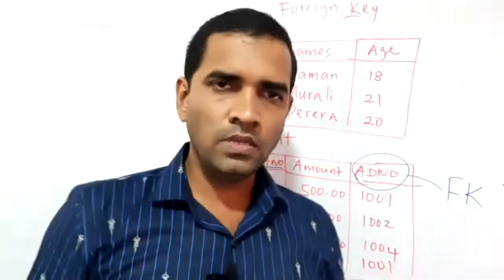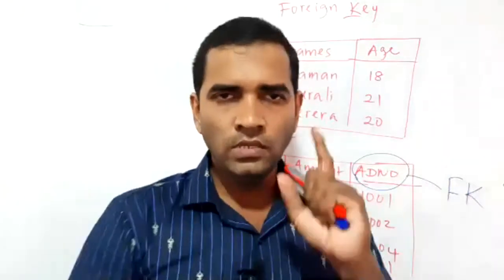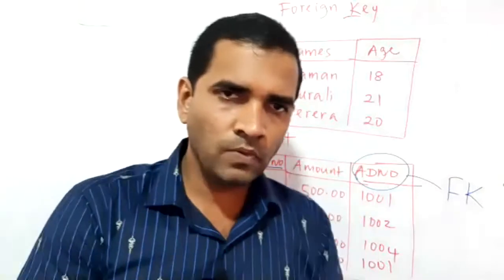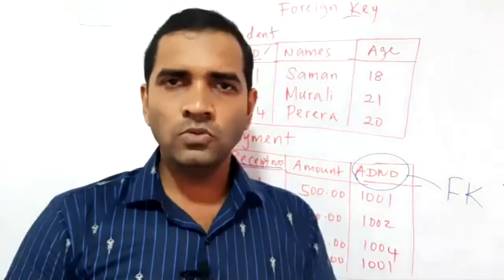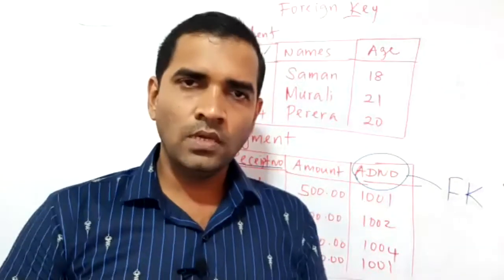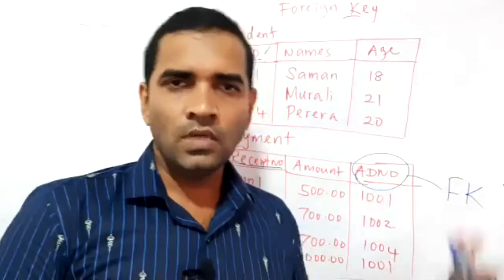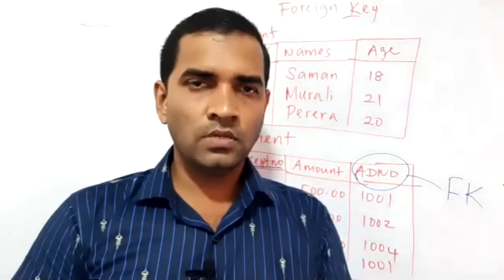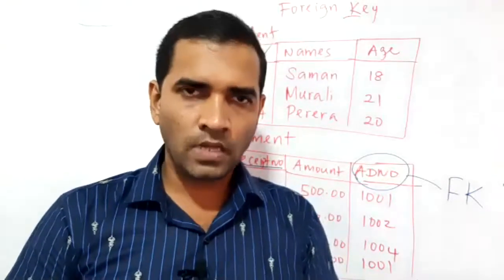So why foreign key? It's too simple: for joining two tables. Don't forget, with the help of the foreign key, we can join two tables. Right? Always the foreign key of one table and the primary key of another table are connected together for joining two tables. I repeat it.